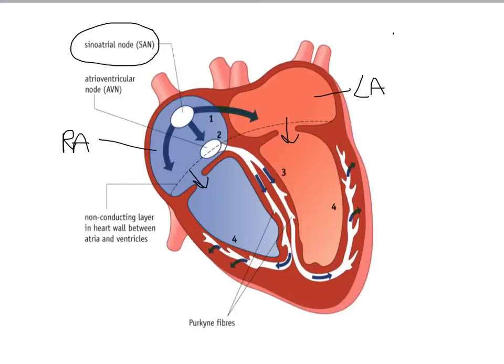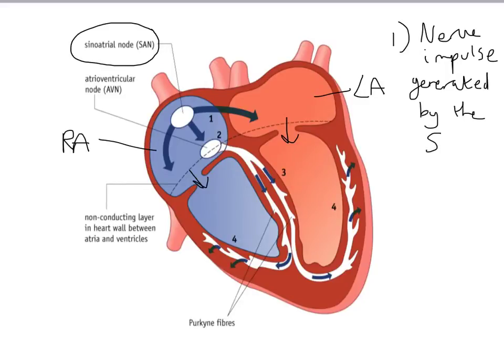So in number one, what we basically have is a nerve impulse generated by the SAN, as it's abbreviated, the sinoatrial node.